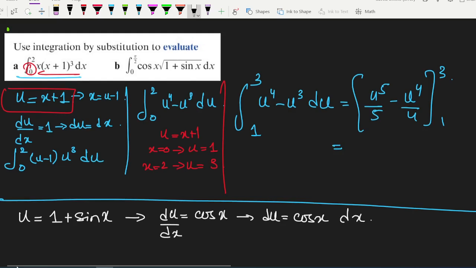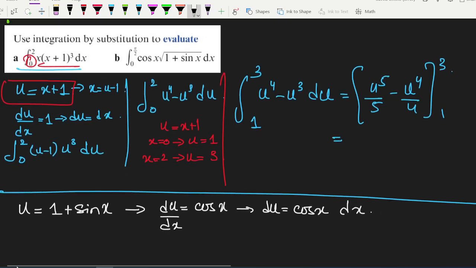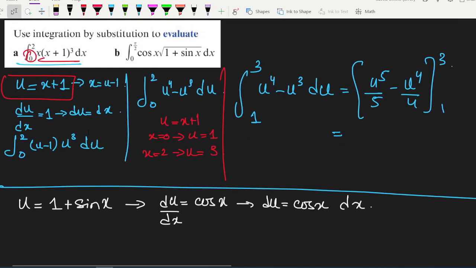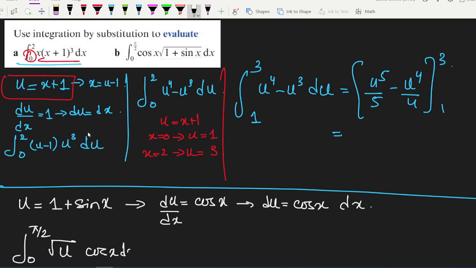When doing integration by substitution, we also have to be very vigilant to see any pattern emerging in the question. For example, in this question, a pattern will emerge, and we look for that. So we have 0 to pi by 2. Root of 1 plus sine x can be written as root u, and then we are left with cos x dx.